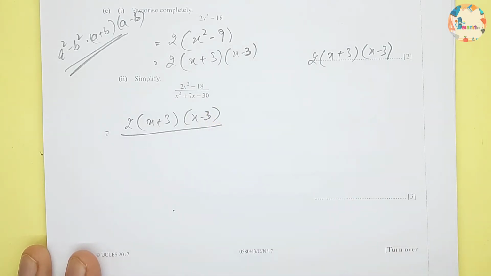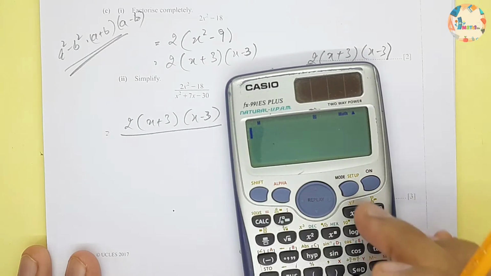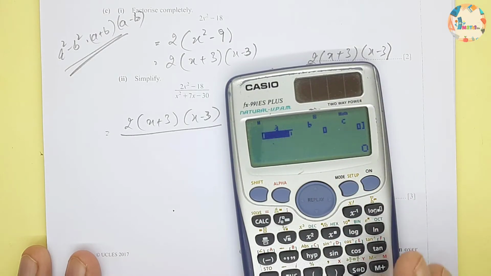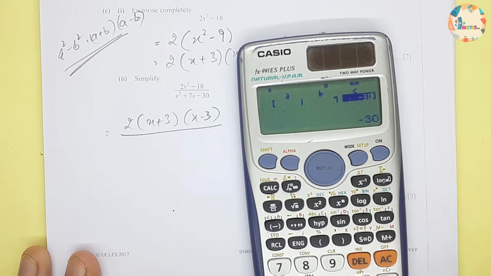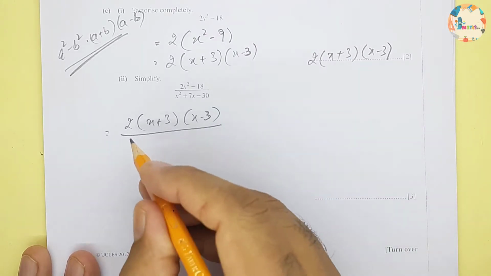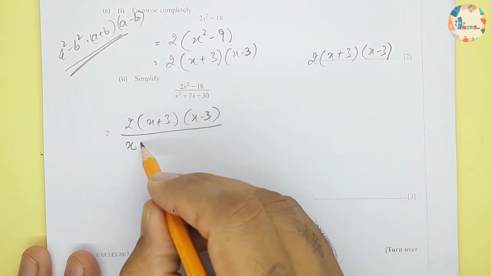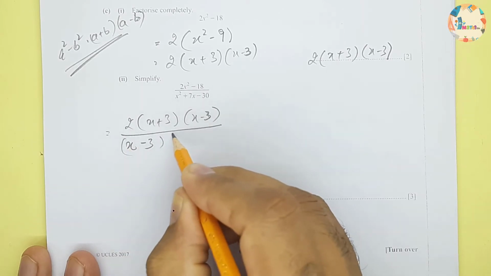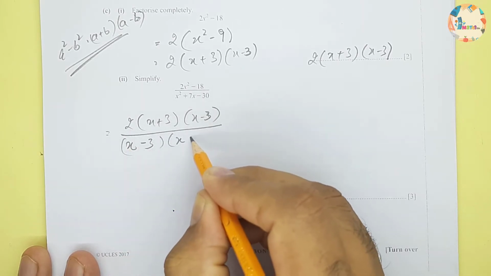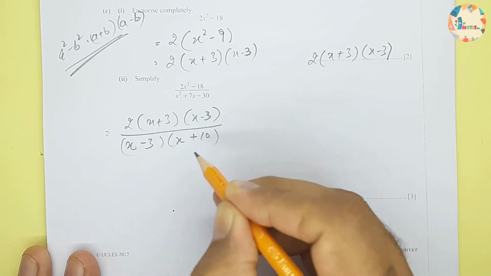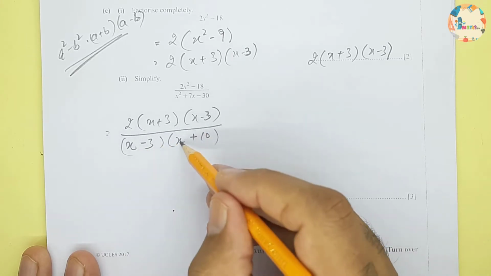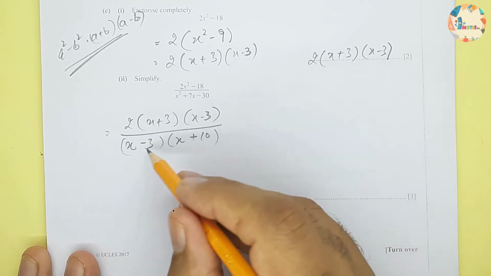So factors we can take, we can use calculator also, mode 5 3, and this will be x, a value is 1, b value is 7, and c value is minus 30. So x1 will be 3 and minus 10. So we can write x minus 3 and x plus 10. So if we open this one, we will get x square and 10x and minus 3x and minus 30.